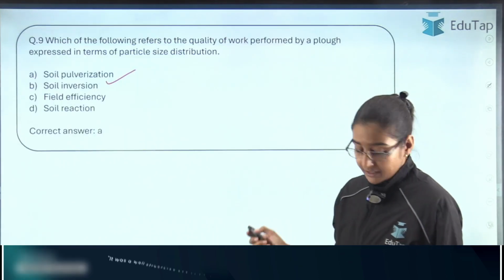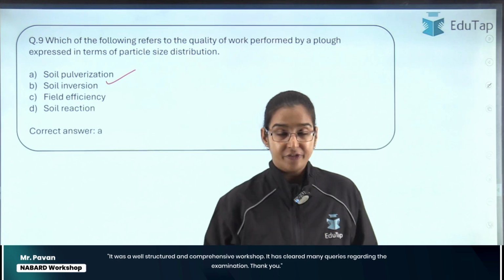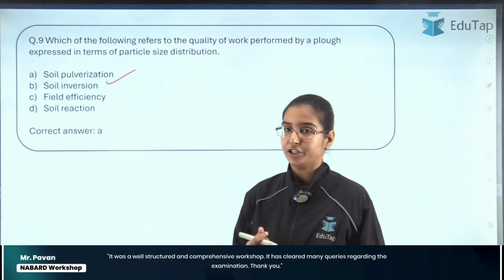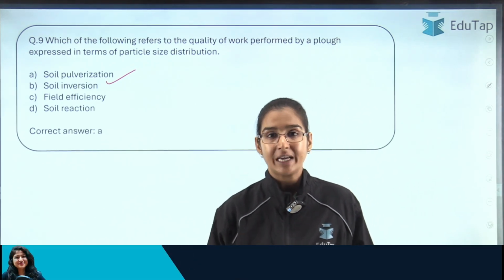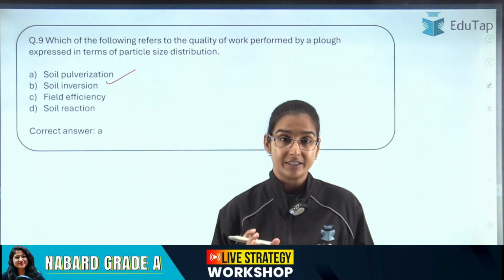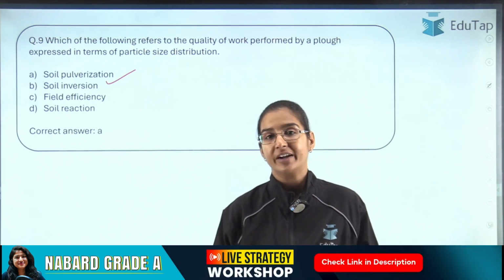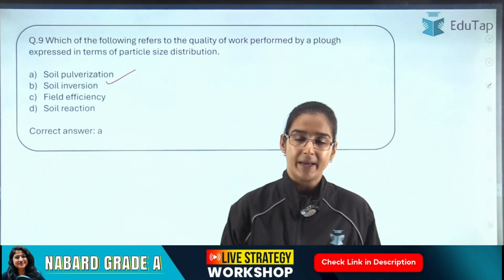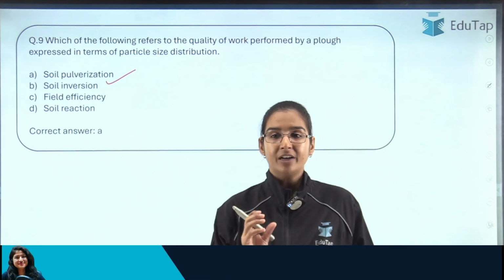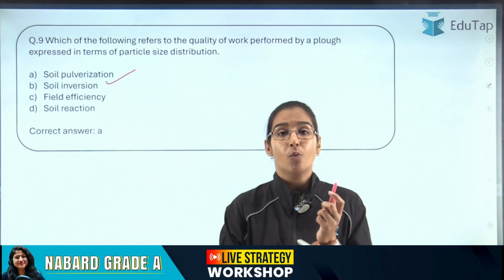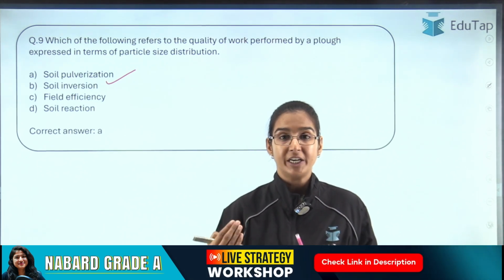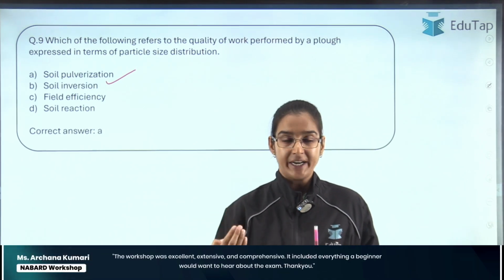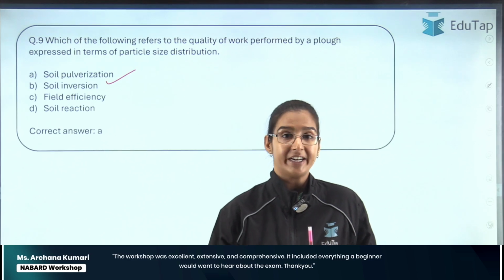Okay. The third option that we have is field efficiency. Field efficiency is a ratio of effective field capacity to theoretical field capacity. Now, what is meant by effective field capacity and theoretical field capacity? See students, theoretical field capacity basically means the maximum amount of work a machine can do if it is operating at 100% of its rated speed.